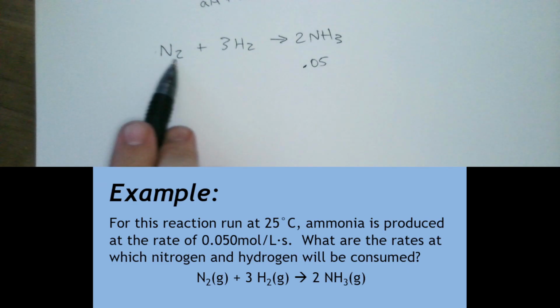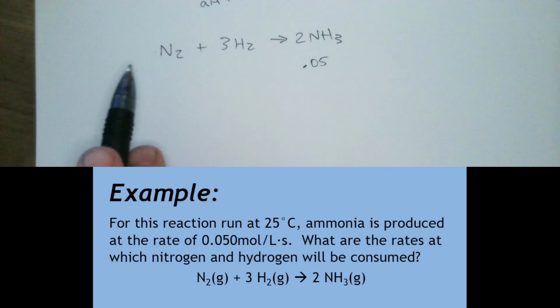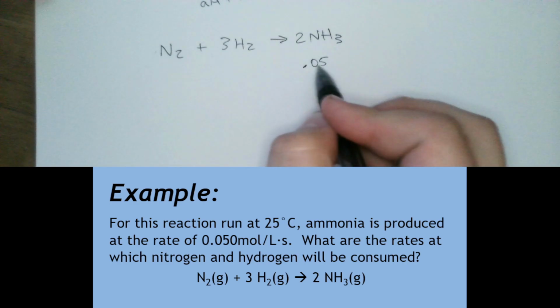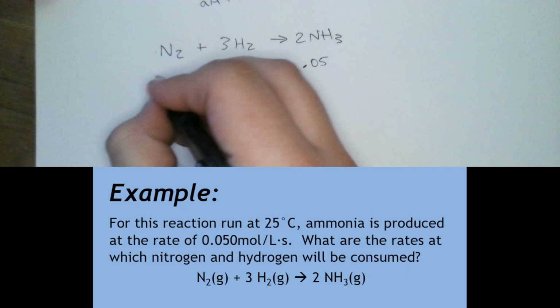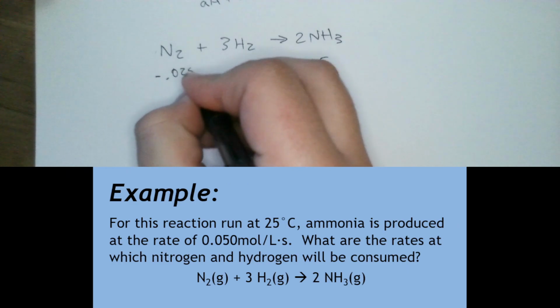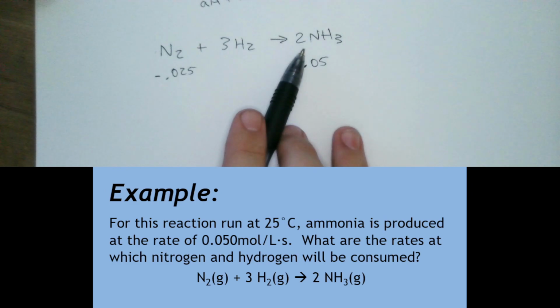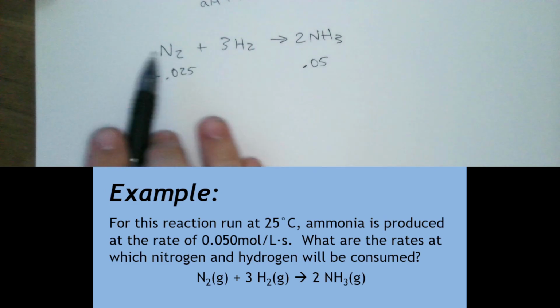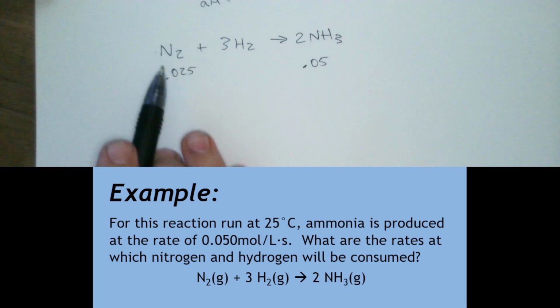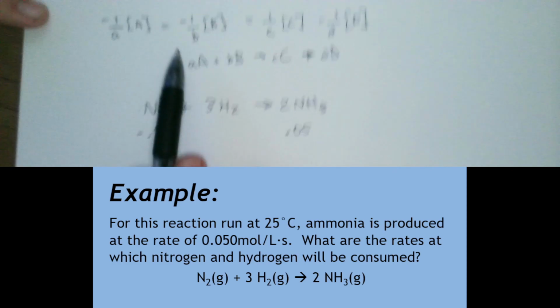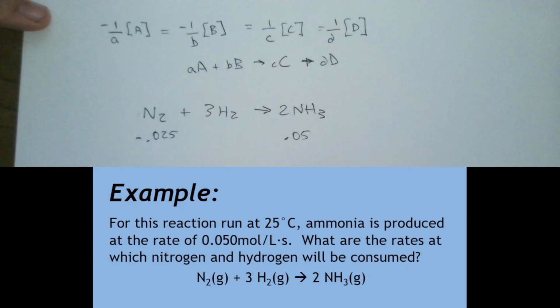But every reaction only uses 1 and 3. What that means is I'm consuming not 0.05, but half of that, 0.025. This rate is going to be half of this rate because every reaction produces 2 of these, but only consumes 1 of these. So that's an easier way for me to just think about it instead of trying to plug everything into this long formula.